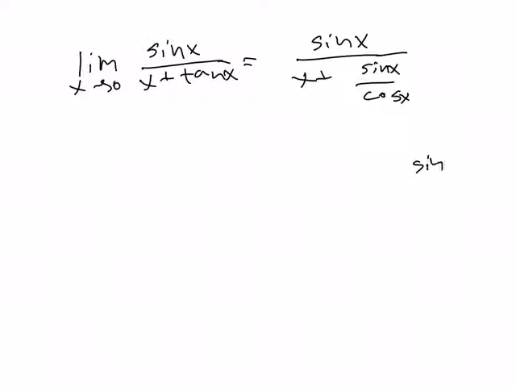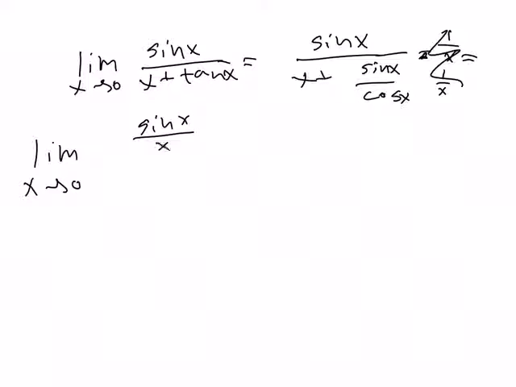We're trying to get to sine x over x and cosine. Well, let's try mostly to get to sine x over x. So if we multiply all this by 1 over x up here and 1 over x down here, what we get is the limit as x goes to 0 of sine x over x all over 1 plus sine x over cosine x times x.